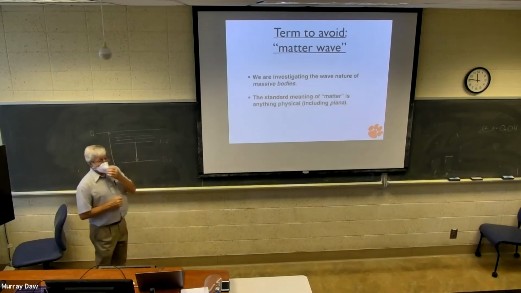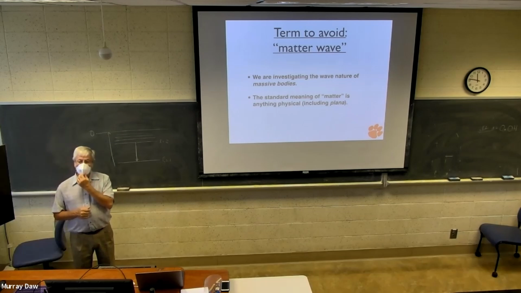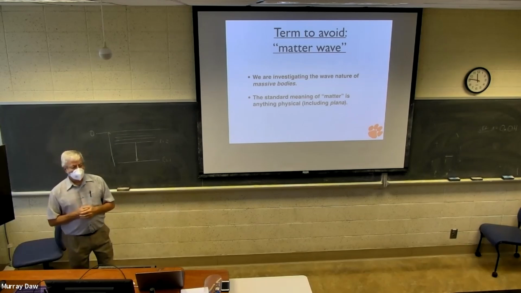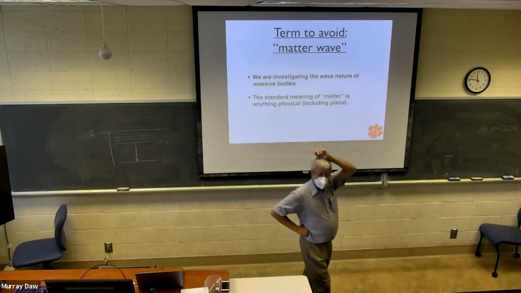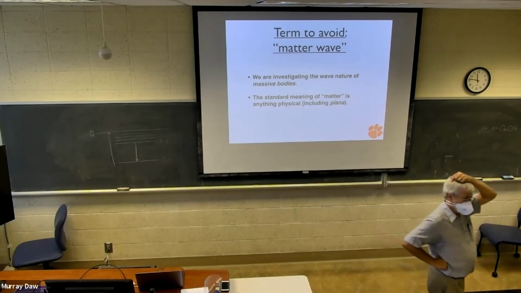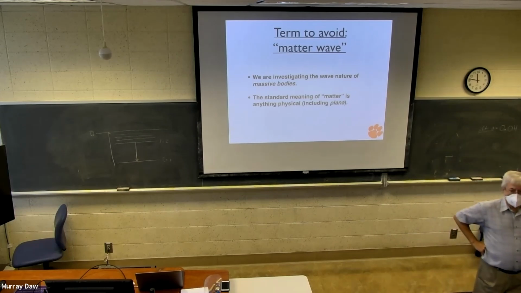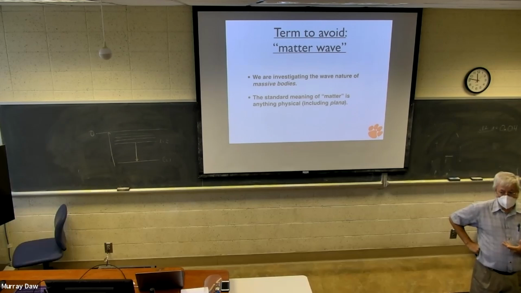Okay, so avoid the word matter wave, even though you've seen it. It's confused. What is the meaning of matter? Potential. Yeah, matter is the potential. That's what something can become. Matter is something changeable. It's a combination of act and potency.